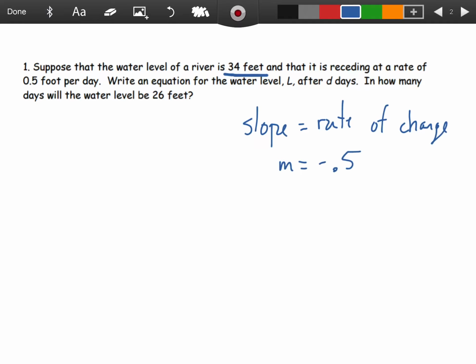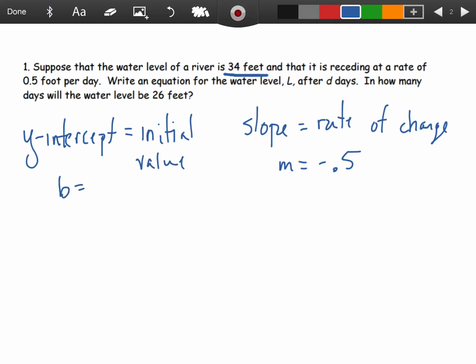That's 34 feet before any days have passed by, so that's our initial value. Our initial value is our y-intercept. So the y-intercept is represented by some sort of initial value. In this case, our initial value, or y-intercept, is 34. So my b is 34.